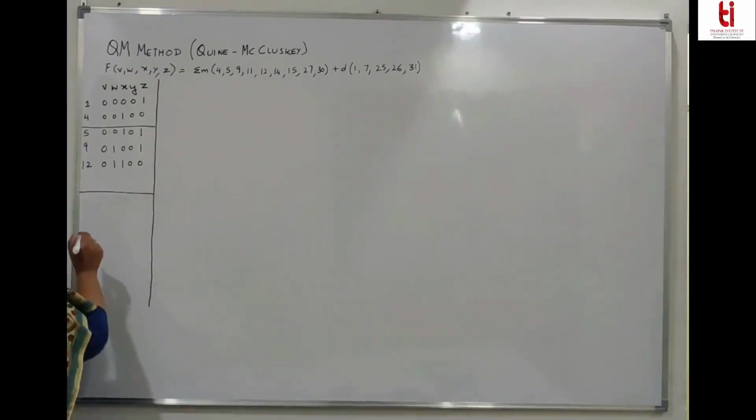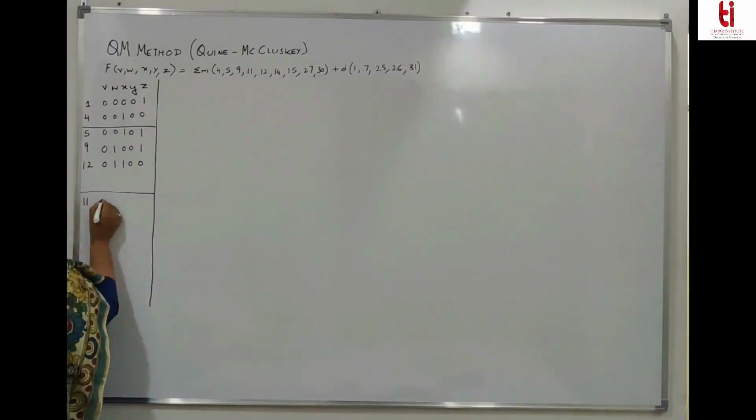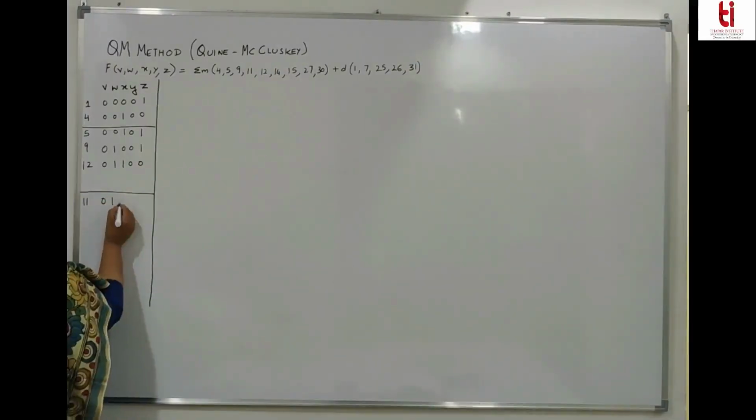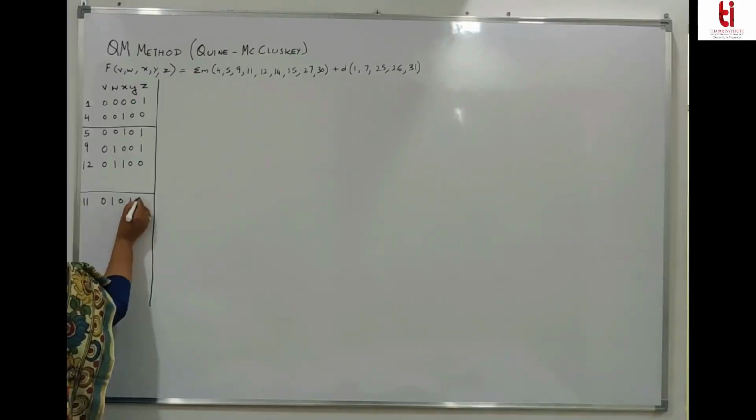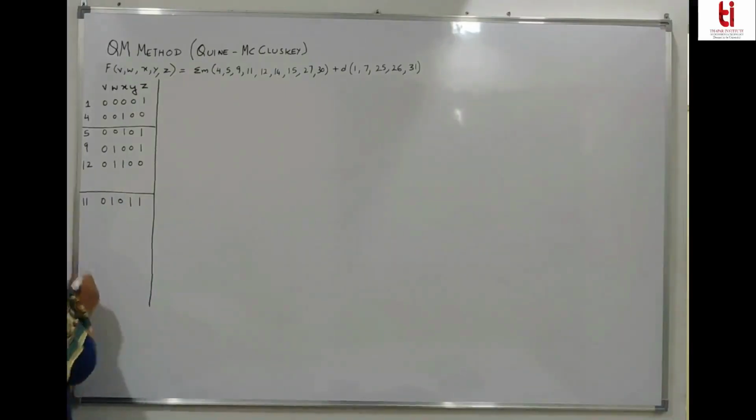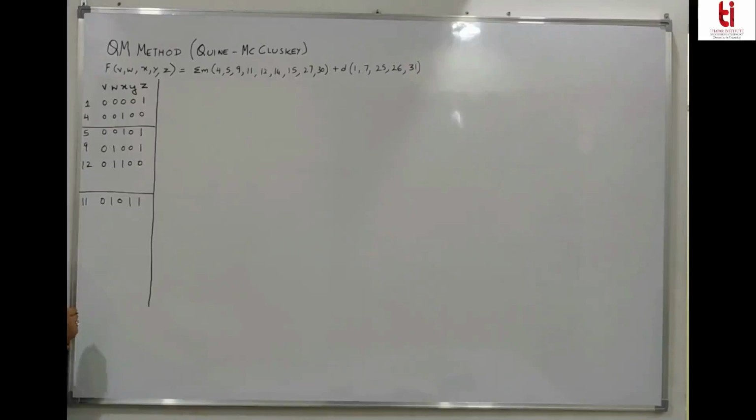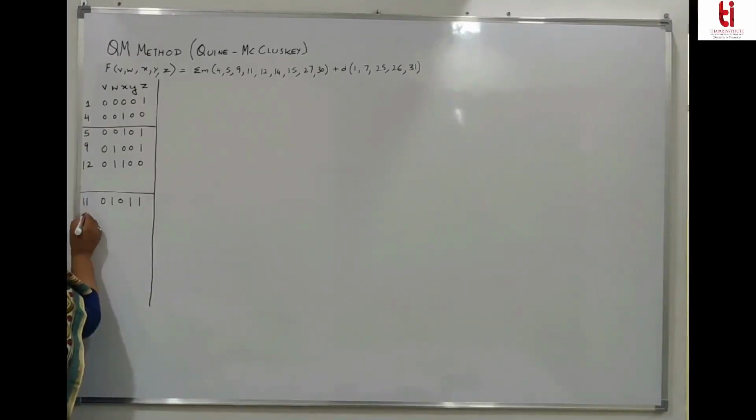Then 3 ones: 11 is 8 plus 2 plus 1. Then 12 is done. Then we have 7. So let's have 7 first and then 11.